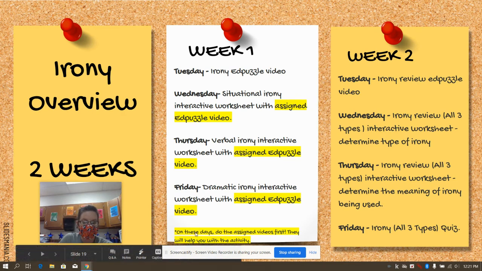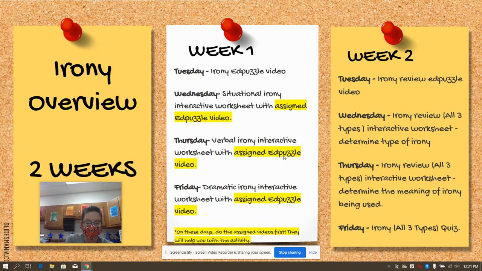Now, on these days, you'll see all these things highlighted. You're going to do the assigned video first on Edpuzzle, then the activity or the interactive worksheet. It will make more sense and be easier if you do the Edpuzzle video first, where it reviews and teaches you that certain type of irony. Then do the worksheet. Week 2, we'll do an irony review Edpuzzle.